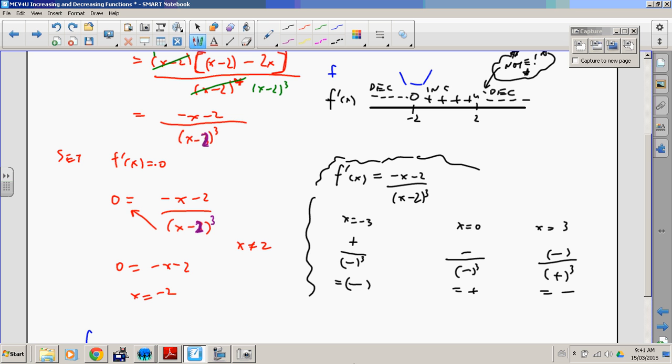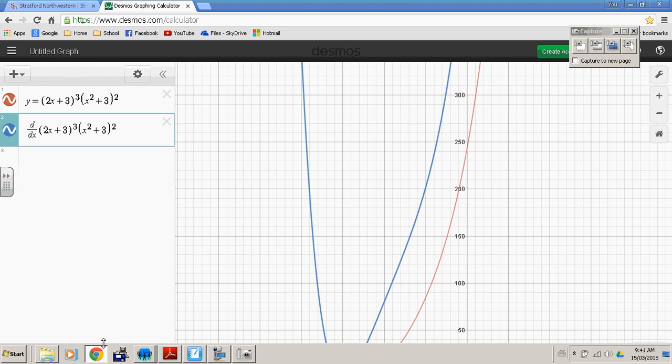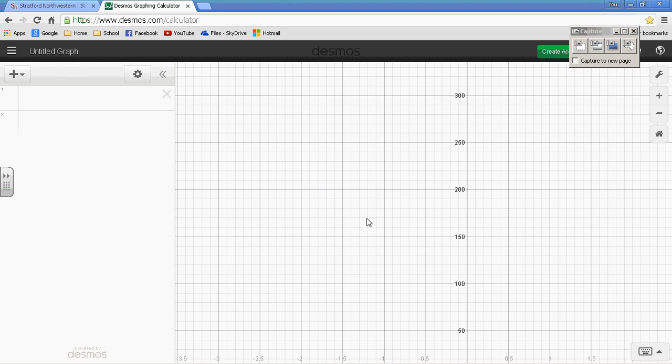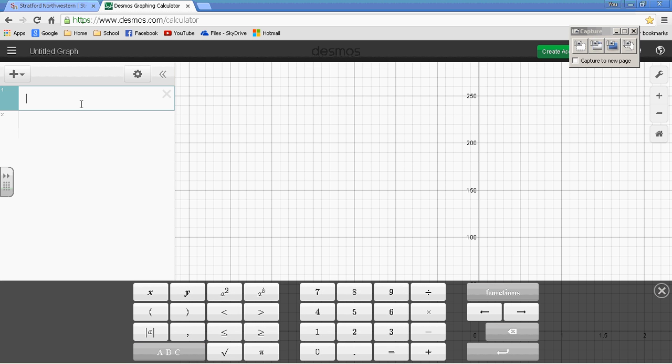And just for funsies, why don't we just go right to Desmos and pound that in and see what this thing looks like? We have, what was the function? It was x over x minus 2, all squared.